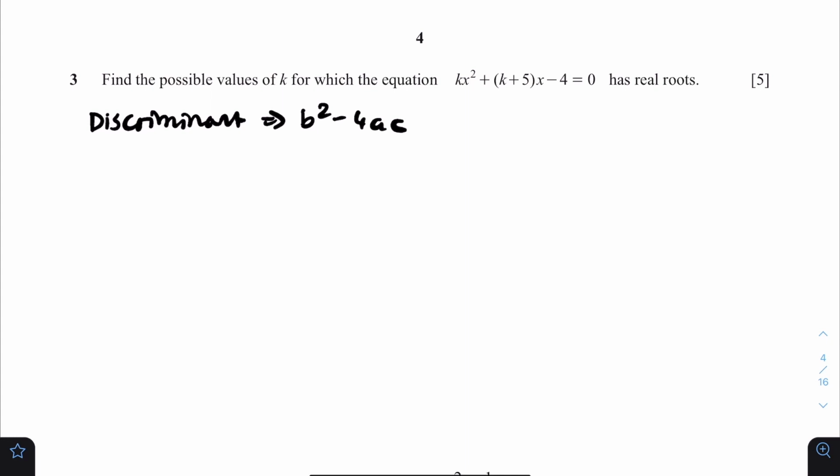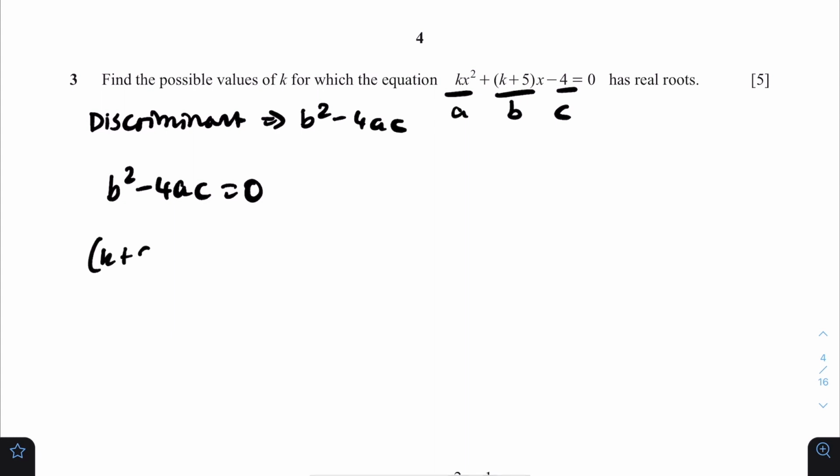So b squared minus 4ac is equal to 0. So this here is our b, this here is our c, and this here is our a. That means that b squared, so (k + 5) squared, minus 4 times a, which is k, times c, which is negative 4, is equal to 0.